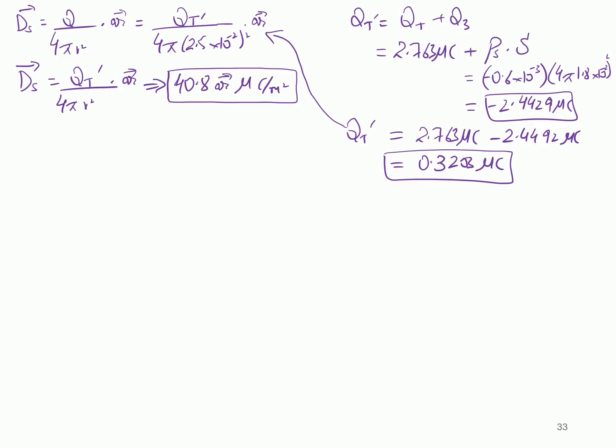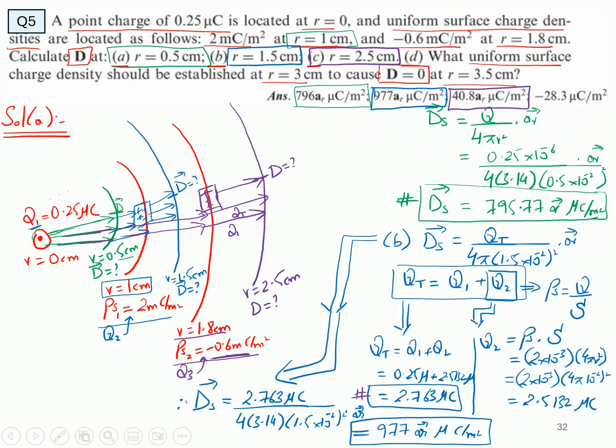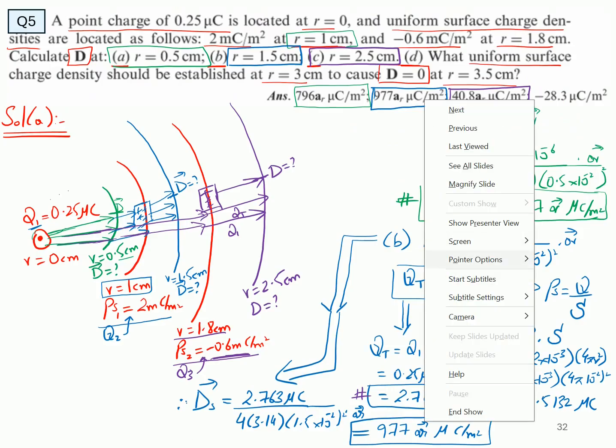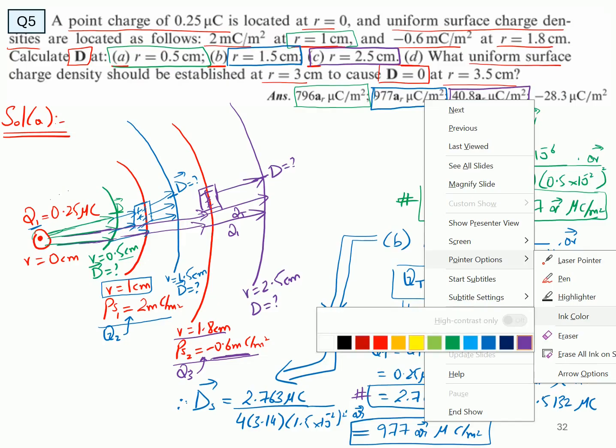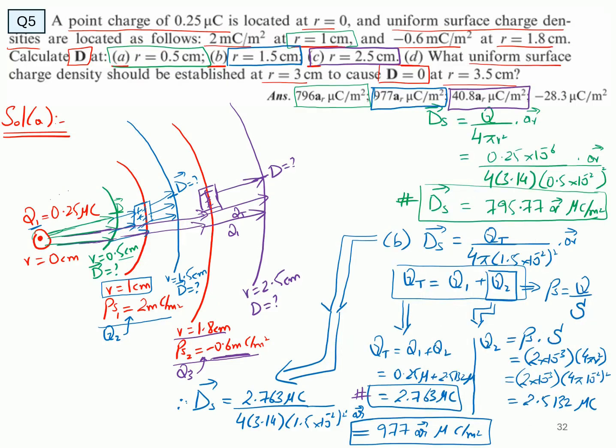So now let us come to the final part of the problem, and the final part is saying that you need to find the uniform surface charge density. So we need to find rho of s in the final part D of the problem, which is established at r is equal to 3 centimeter, that causes the electric flux density to become 0 at r is equal to 3.5.